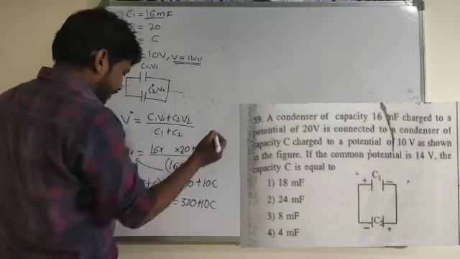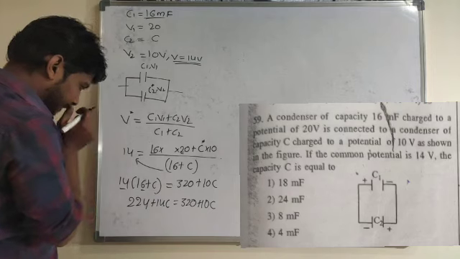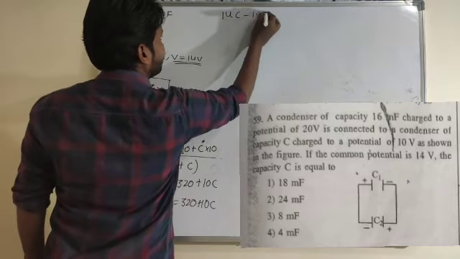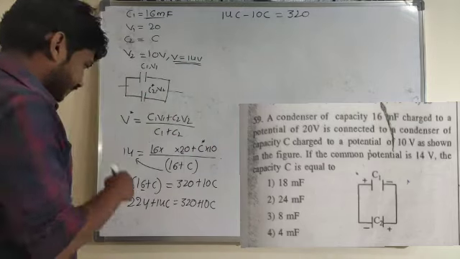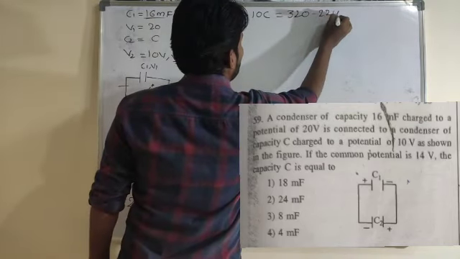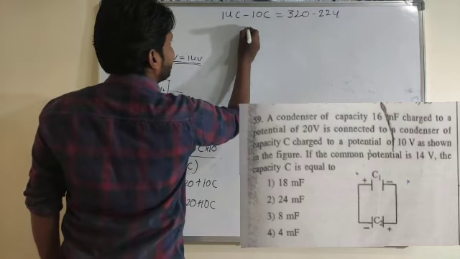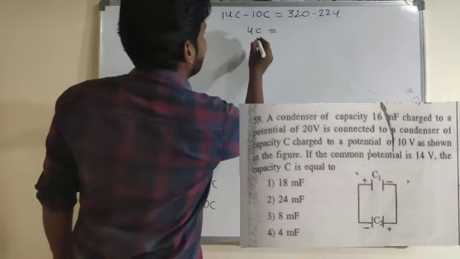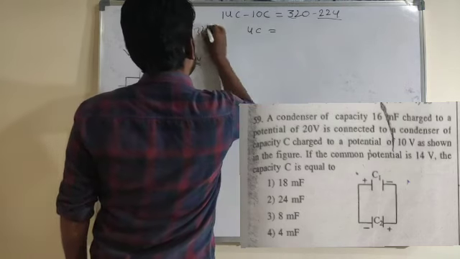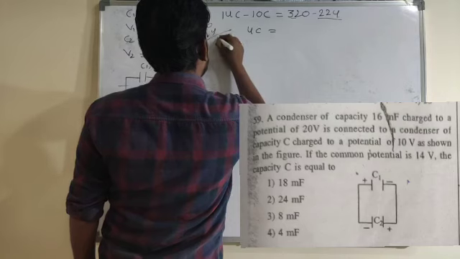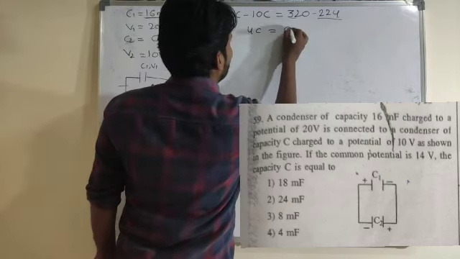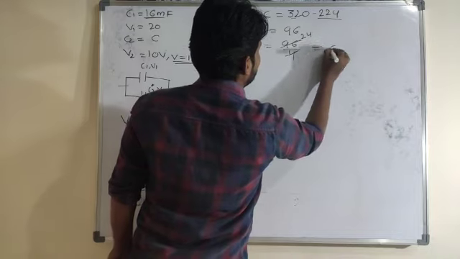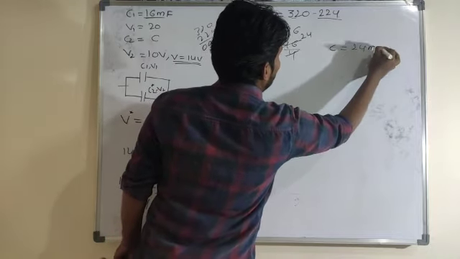I want to find the C value here. So 14C minus 10C is equal to 320 minus 224. 14C minus 10C is 4C, and 320 minus 224 is 96. So C is equal to 96 divided by 4, which is 24 millifarad.